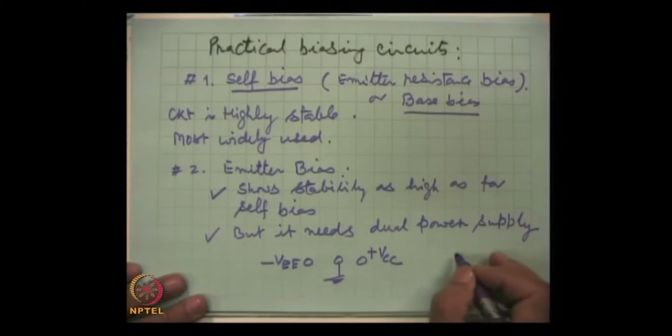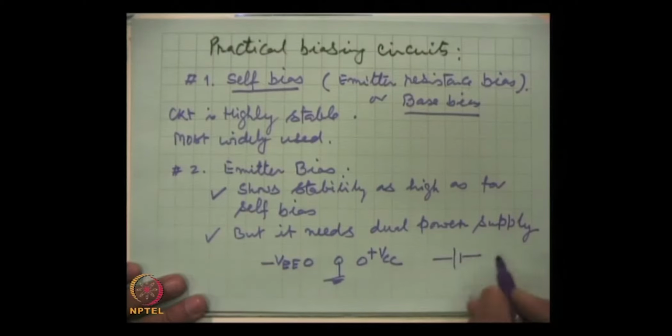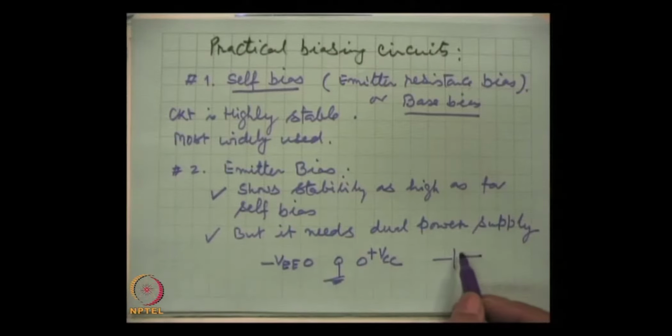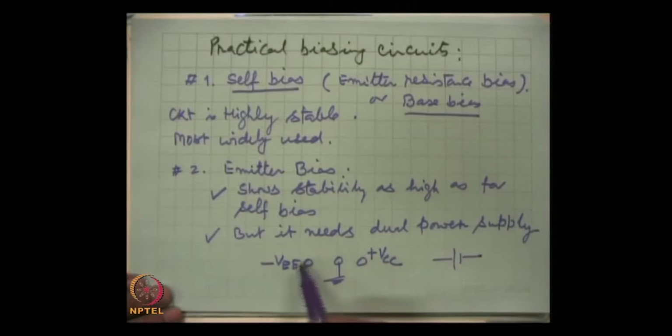If we take a single battery and we connect this point and this point, then this is only one battery. This may give either a negative voltage or a positive voltage, but both voltages cannot be obtained from a single battery. Of course, we can design to provide 2 voltages with respect to ground. So, this is called dual power supply.